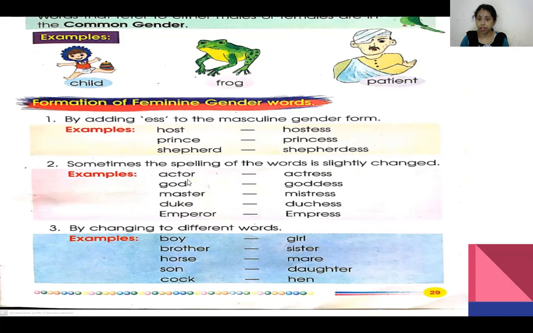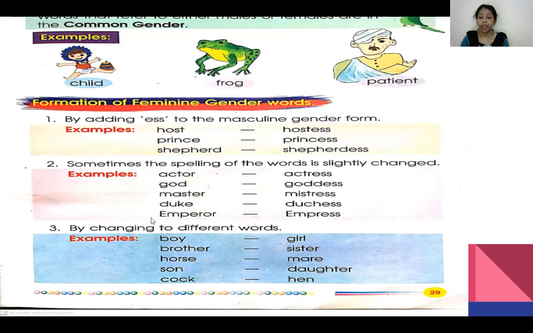If we change it into the feminine gender, see the spelling of this word, A-C-T-R-E-S-S. At the end of the word, there is E-S-S as usual, but O is missing. So there is a little change in the spelling. In the same way, God, goddess, master, mistress, duke, duchess, emperor, empress.